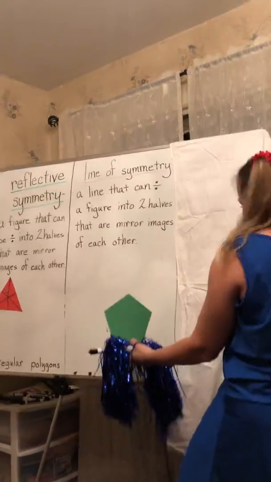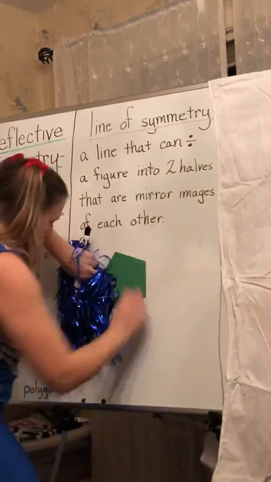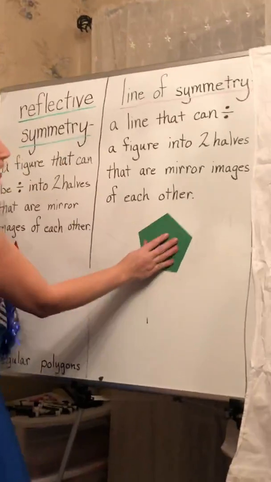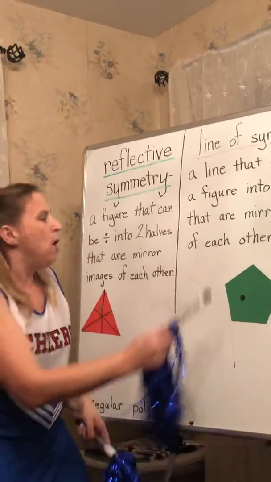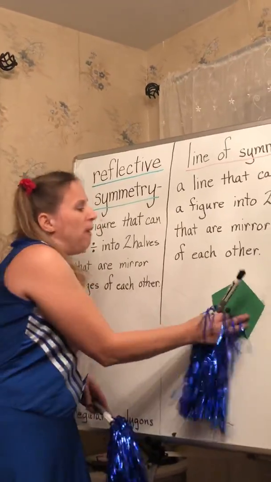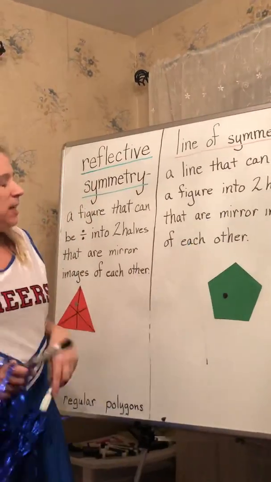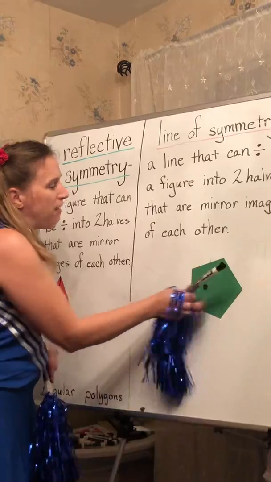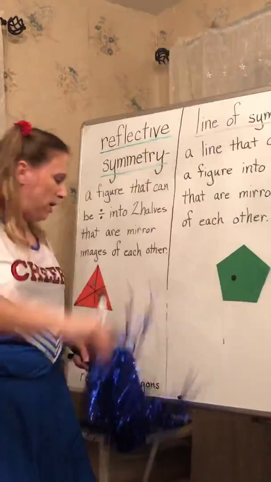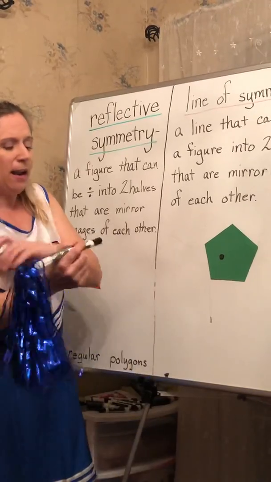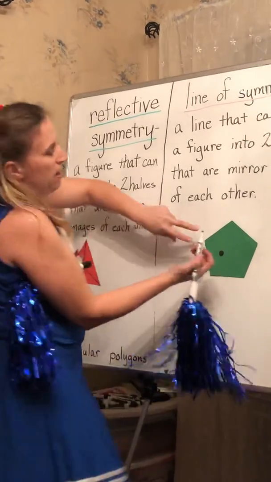Erase our previous lines of symmetry. See what a pentagon will do for us today. All right, we have 1, 2, 3, 4, 5 vertices on a pentagon. 1, 2, 3, 4, 5 sides on a pentagon. How many lines of symmetry? Let's divide and we will see.